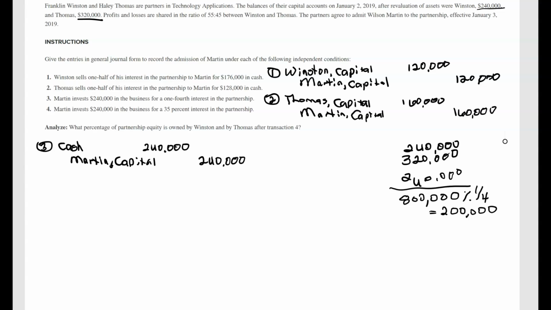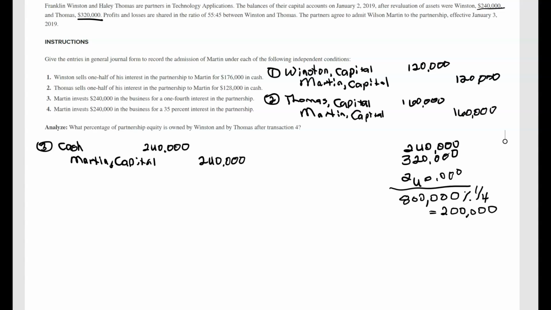But he is only getting $200,000 for his investment. So we need to take that $40,000 difference and give it to the other 2 partners. Martin is paying more for the portion that he's actually getting. So he's paying the other 2 partners $40,000 to allow him in as a partner.